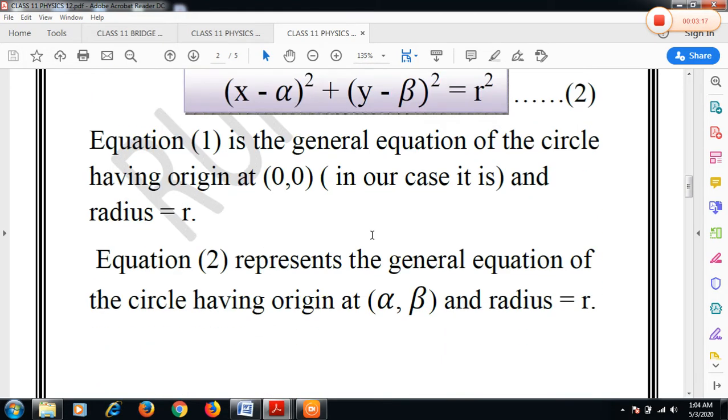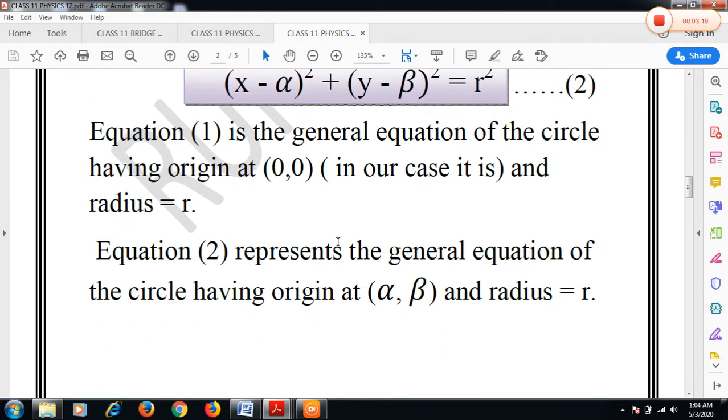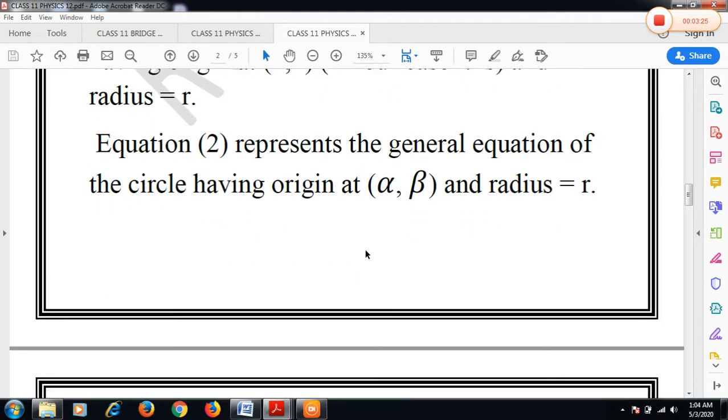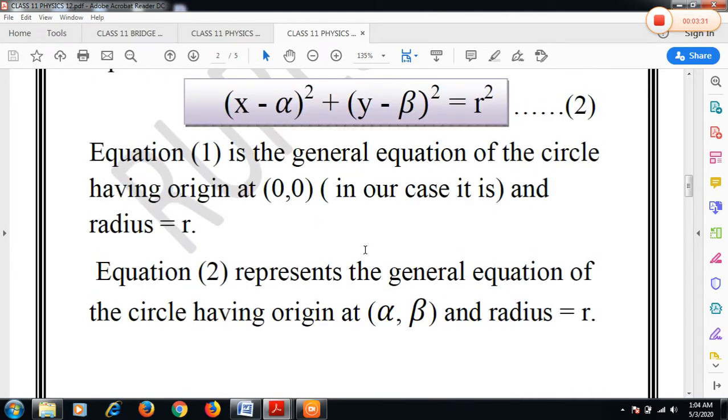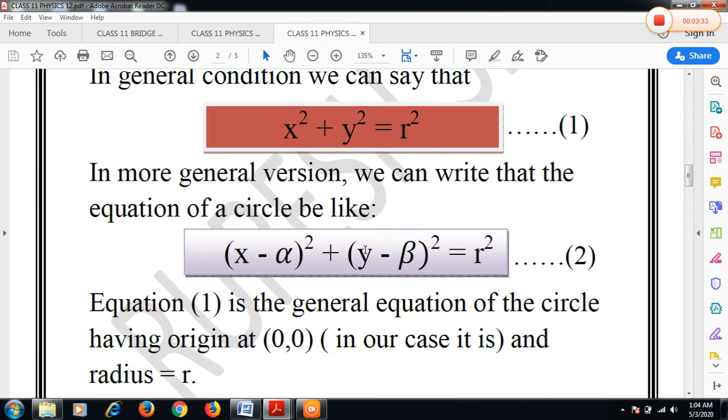Okay students. Now equation 2 represents the general equation of the circle having its center at (alpha, beta) and radius equal to r. We can easily reach equation 1 from equation 2 by putting alpha equals 0 and beta equals 0.